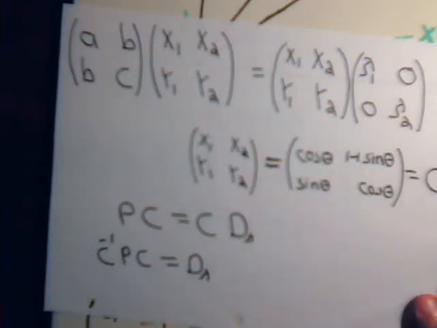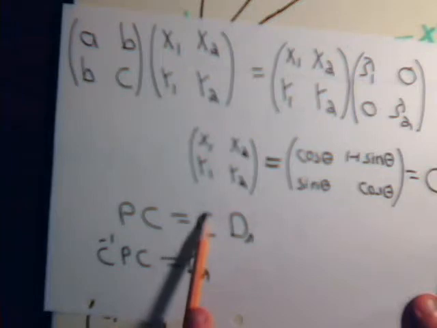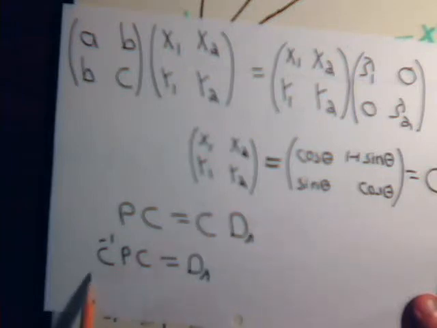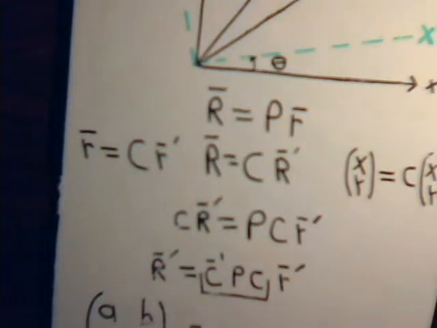Now, we multiply both sides by the inverse of C, and we have this equation. Okay, now let's go back to what we had earlier.